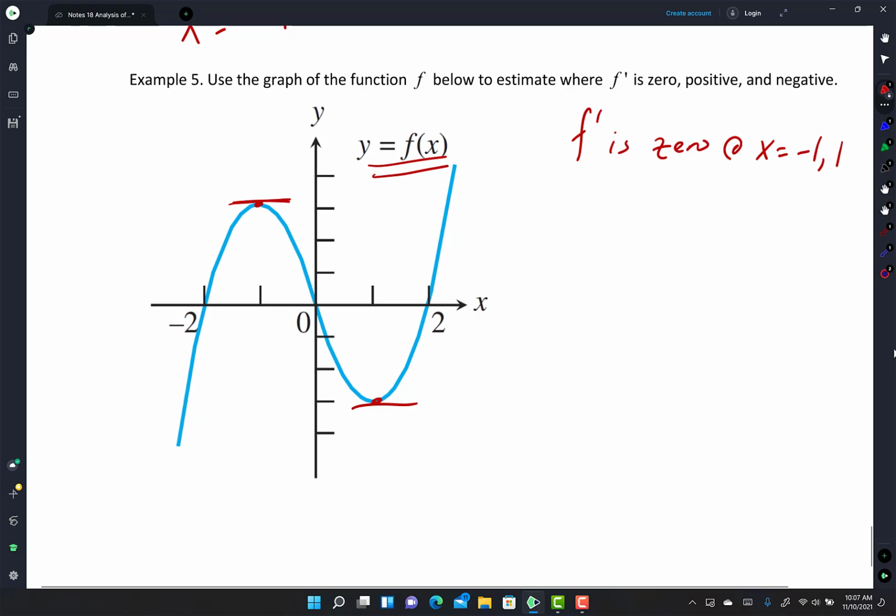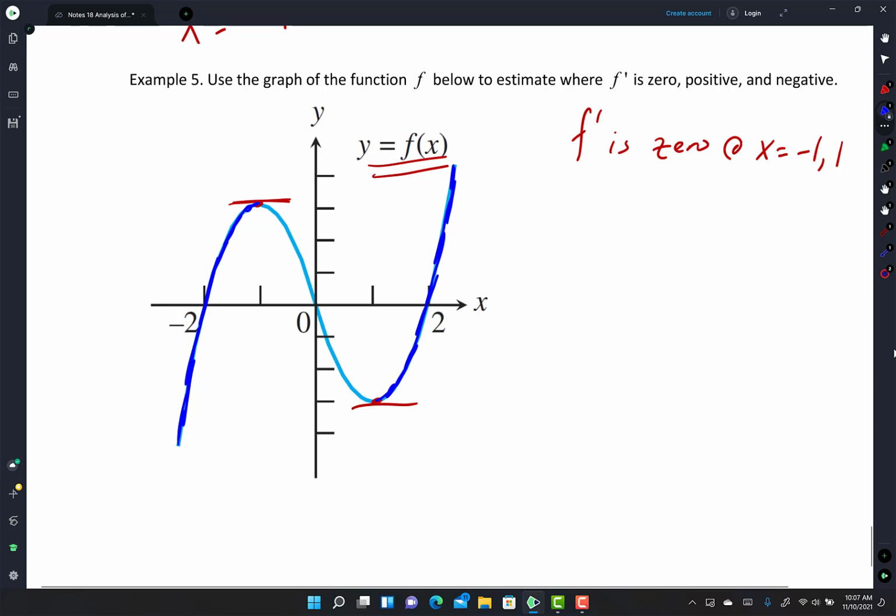All right. What color did I use for positive slopes? Was it blue? Okay, so blue. Look where I'm putting blue. How do I know that F prime is positive in those two locations? That is where what is increasing? No, not slope.